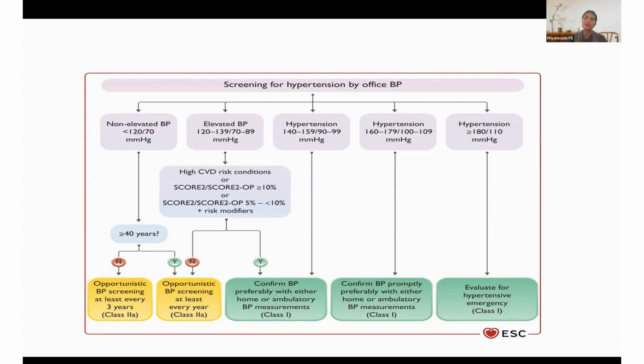For this type of patients, give the lifestyle advice and ask them to come back in at least another 1 year. And any adult over the age of 40 years, even if the blood pressure is normal, should have an annual blood pressure assessment. And under 40 years, it should be every 3 years.